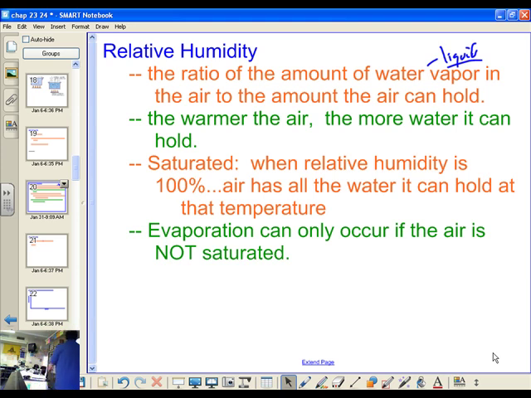The warmer the air, the more water. Why is that? A couple of ways to visualize this. If I had a bunch of ping pong balls and I was keeping them in the air with two paddles, the more ping pong balls I have, what do I have to do with the paddles to keep them all in the air? I have to move them faster.